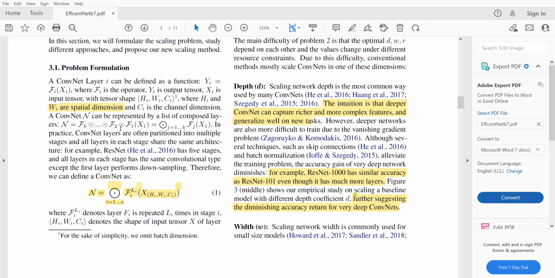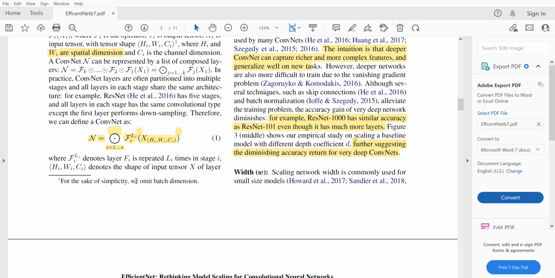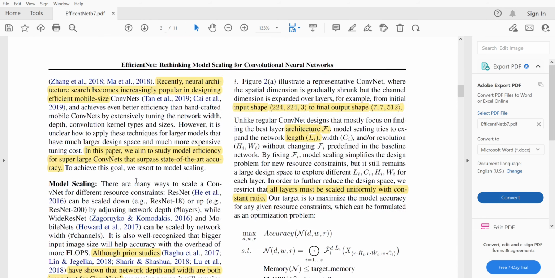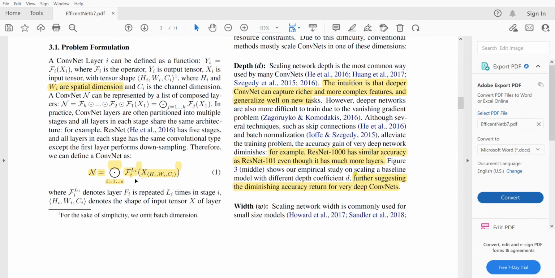Basically, they're formulating the problem in a mathematical way, and they come up with equation number 1, where n is equal to f of x, with height, width and resolution. The shape of the input tensor to a layer, there are 3 shapes.